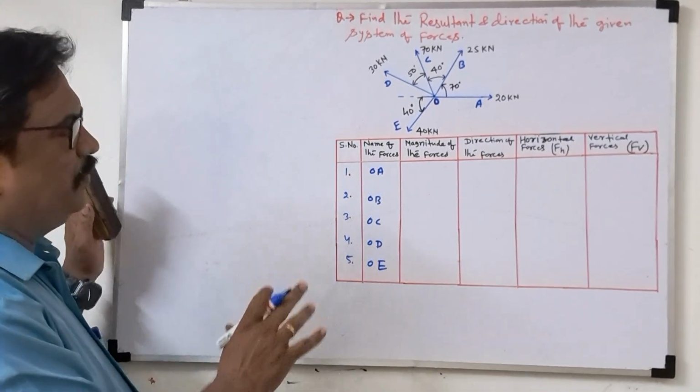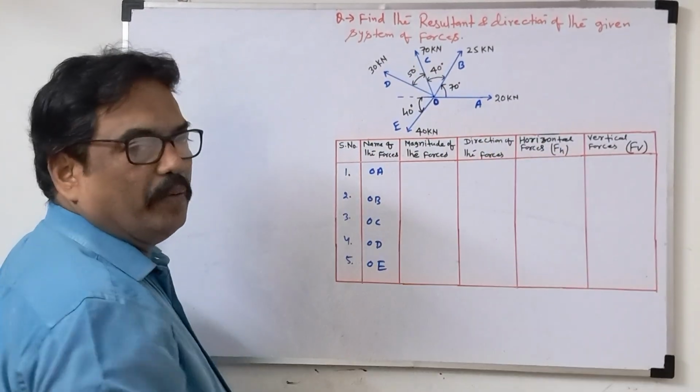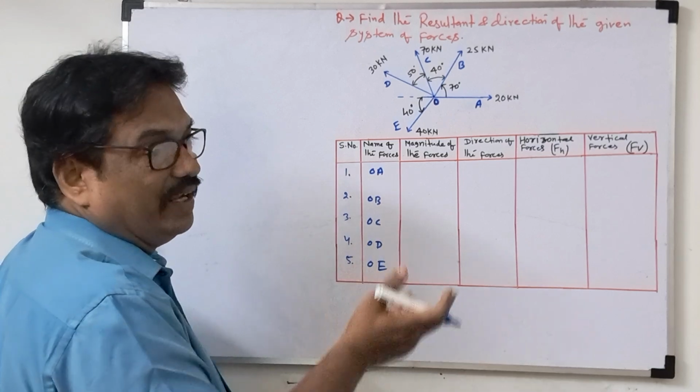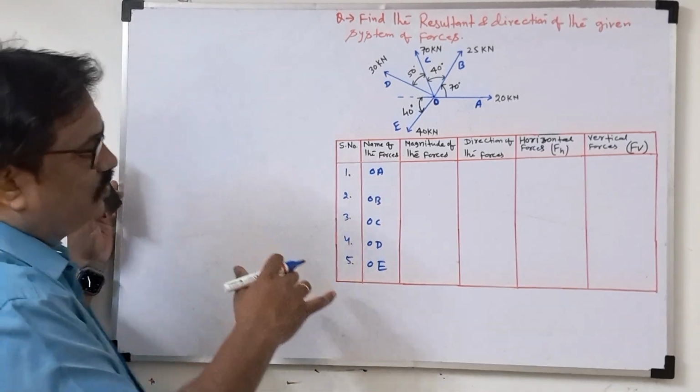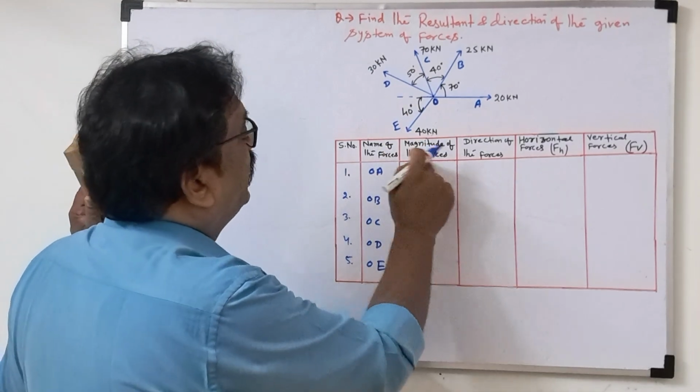The beauty of this method is that everything in the diagram gets represented, and the problem gets solved automatically. I will also tell you technically how it is solved. That was the name of the forces. Now the magnitude of the forces.